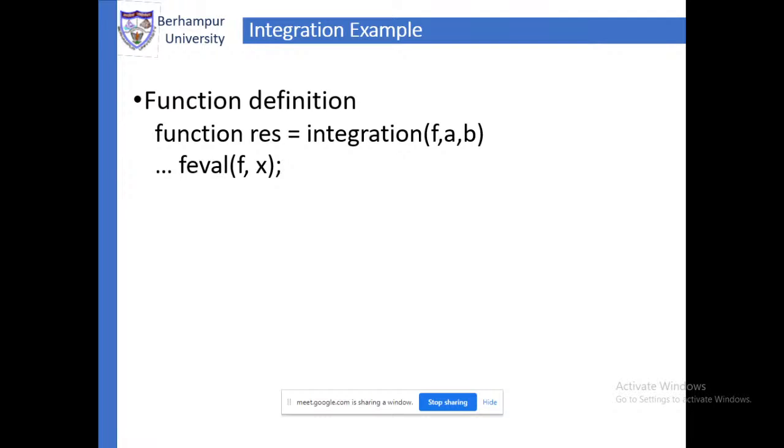You can write something is equal to feval f x, the function will be evaluated for the value x. This way you can straight away write the integration formula using Simpson rule or trapezoid rule. Now once you have defined the function, how are you going to use it? For using it, you can write integration sine 0 comma 1. That is what we have shown earlier.